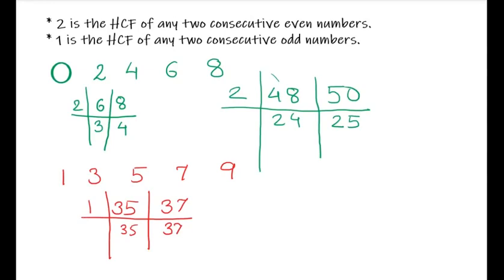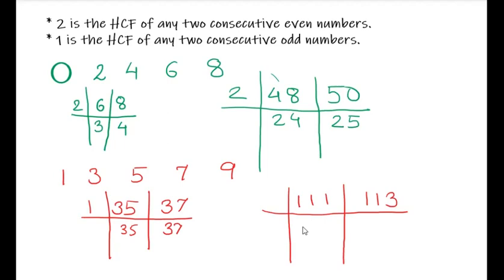Now let us take one more example of two consecutive odd numbers. For example, I am taking 111. It is an odd number because at the units place we have 1. The consecutive odd number to that will be 113. Now, will these two numbers come in any common table? No, each will come only in its own table.